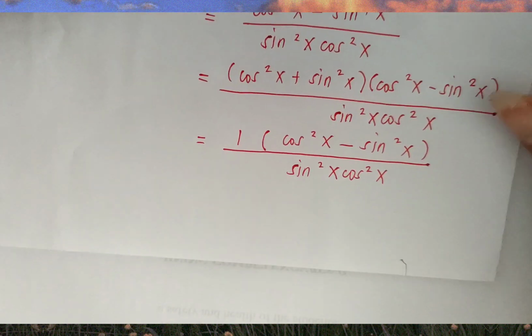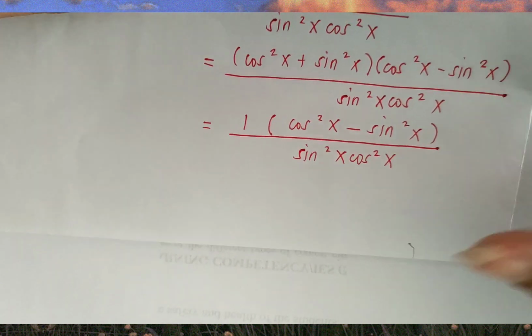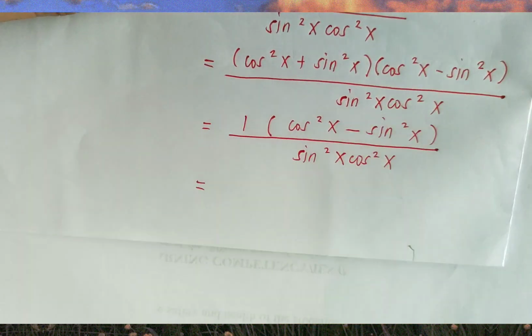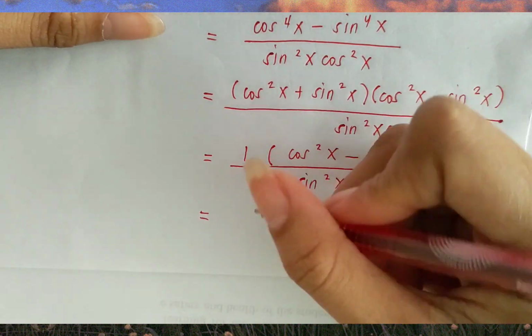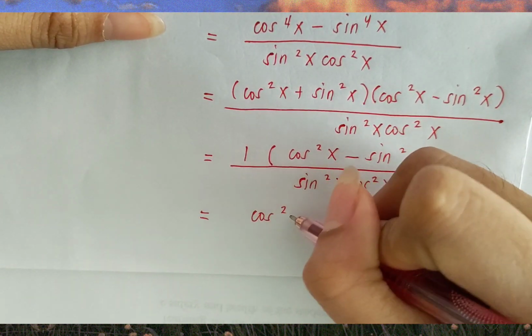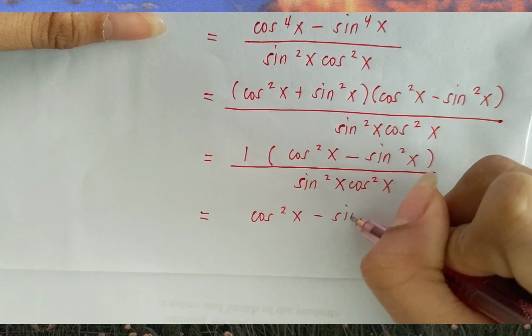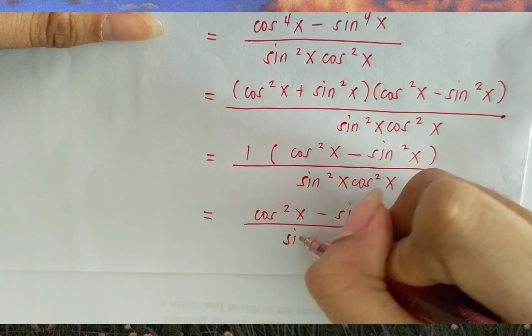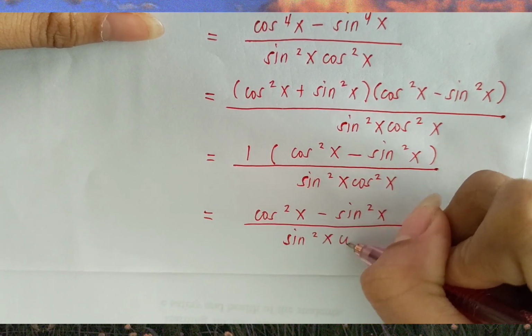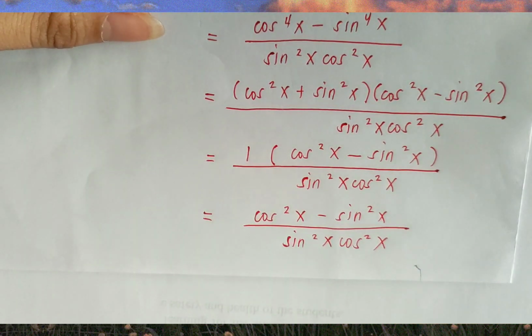And for our final answer, let us now simplify. Equals cosine squared x minus sine squared x all over sine squared x cosine squared x.